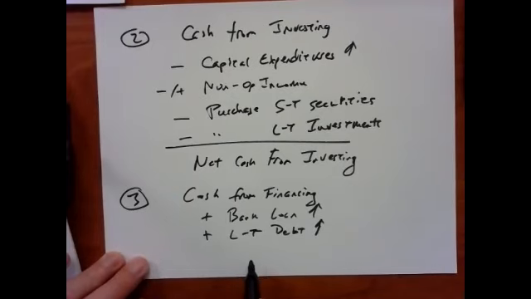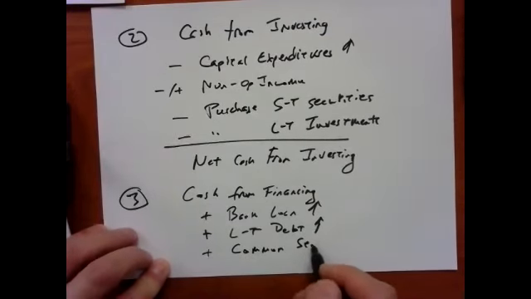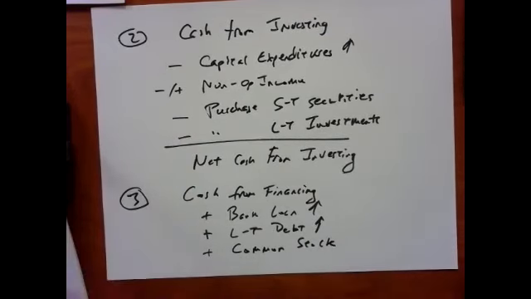Okay, so another example of that could be if you were a for-profit, you could have an increase in common stock. What does that mean? Well, maybe Krista has a company, right? She runs a medical supply company, and she says, hey, Sam, would you like to be part of my company? And Sam says, yes, I'd like to buy into your company.